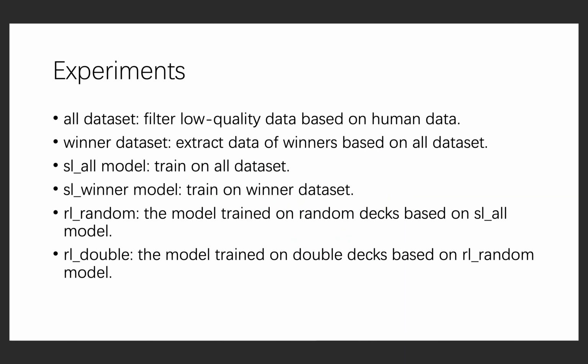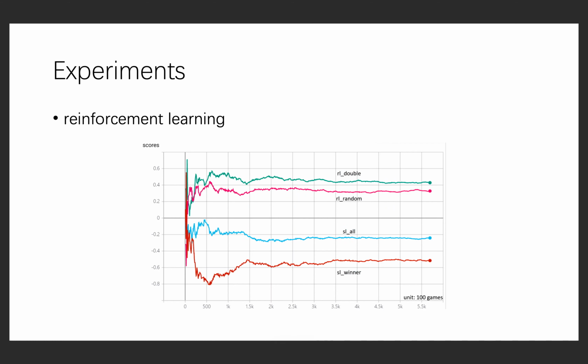About the reinforcement learning part, we apply reinforcement learning to the model of batch size 2048. And as you can see in this figure, we have 4 models: the supervised all model, the supervised winner model, and two reinforcement learning models.